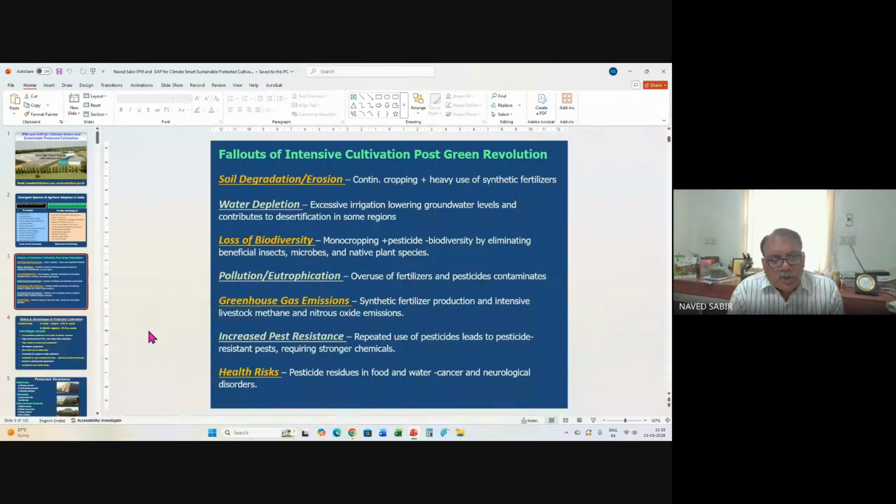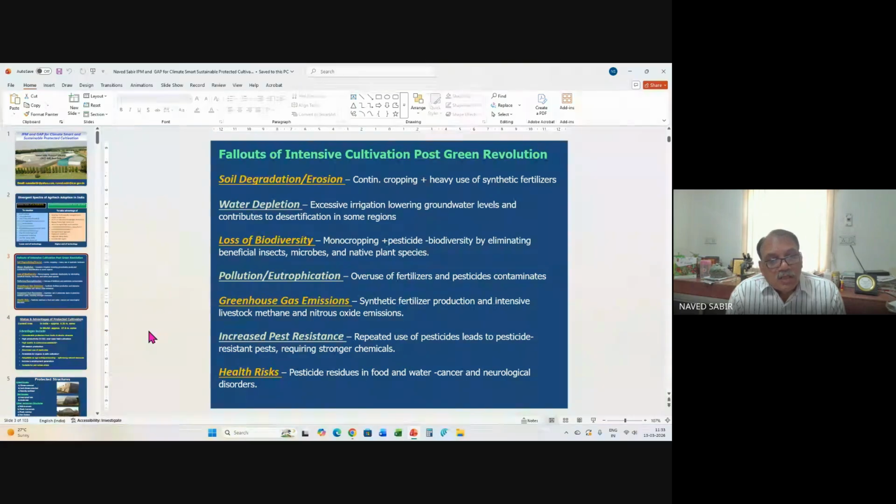Now, before protected cultivation took roots, the green revolution had set in a different era of high productivity, wherein high yielding varieties, intensive use of fertilizers, and an extensive use of chemicals had already created problems.